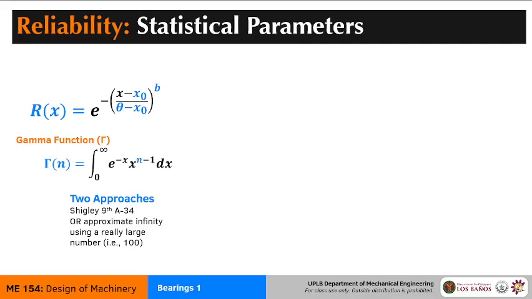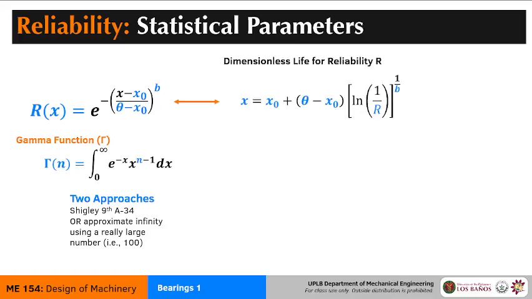Now, X, the dimensionless life itself, can be defined as this: the threshold factor plus your scale factor multiplied by this quantity. If you look at this, we just rearranged the reliability function into a different form. This is the definition of dimensionless life, the equation rearranged so that X is isolated.